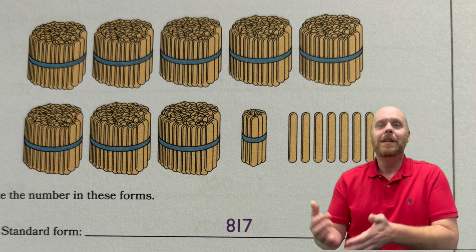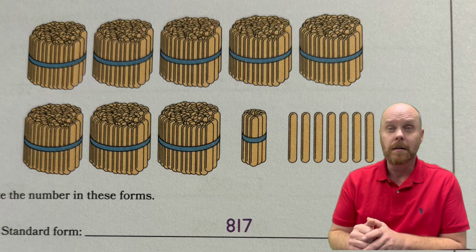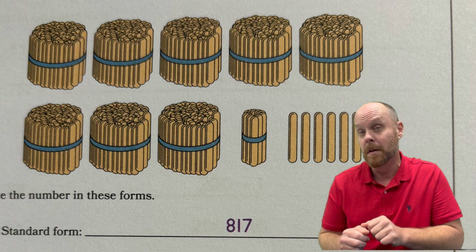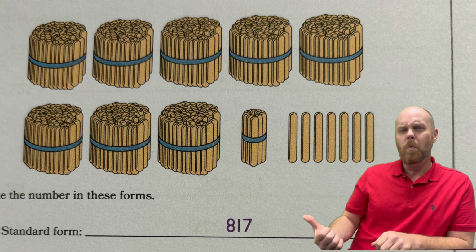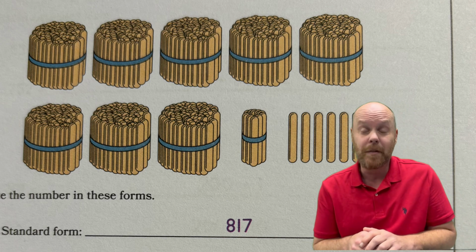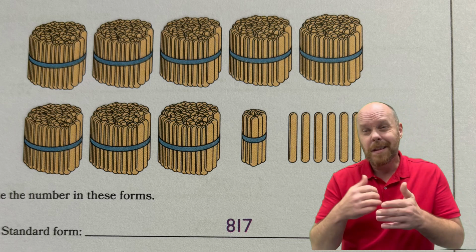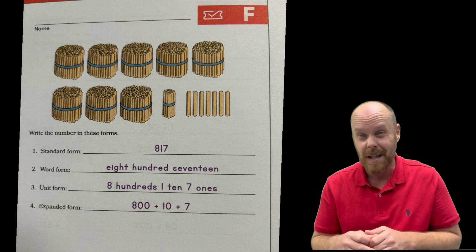So how many of these big bundles are we going to need for 817? Well, we look in the hundreds place value, we're going to need 8 of them. Then how many are we going to need for the tens? Well, we only need one medium-sized bundle. And then how many are we going to need for the ones? Well, just individual sticks. See, this is another way to visually show the number 817.